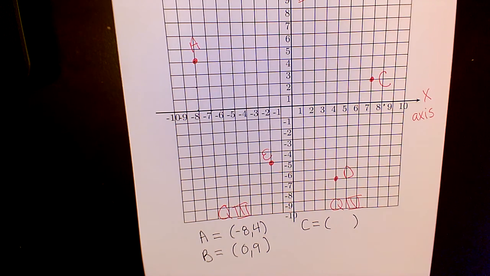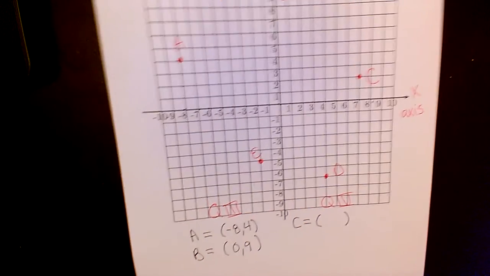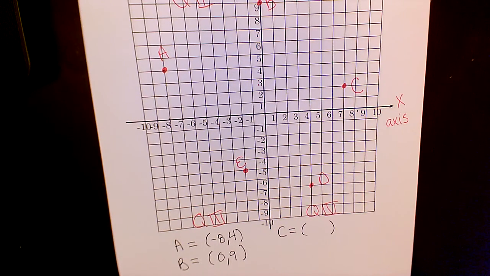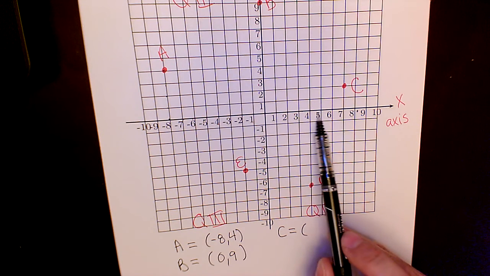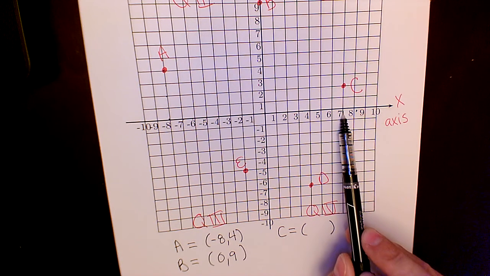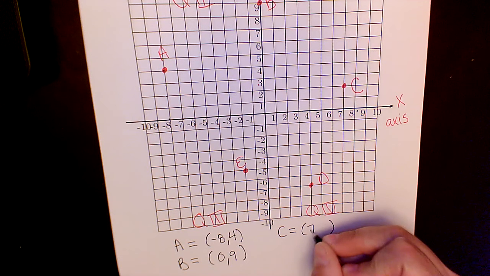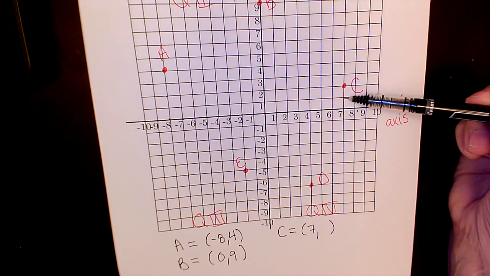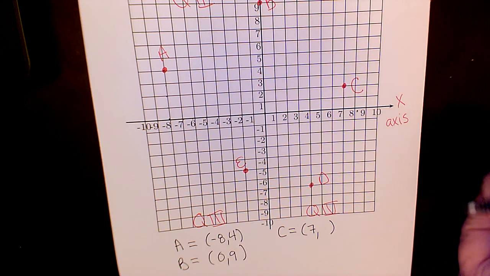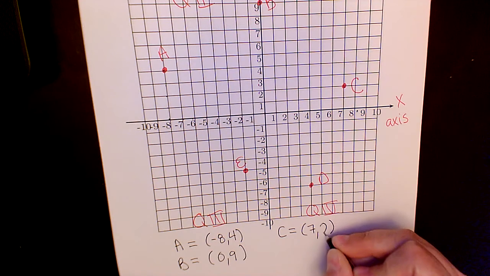And let's look at C. Move that over a bit. So I'm going over. Okay, I'm stopping at 7. So 7 is my x coordinate. And then I'm going up 2.